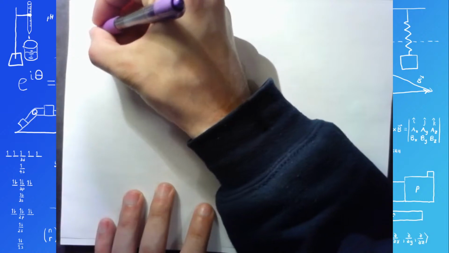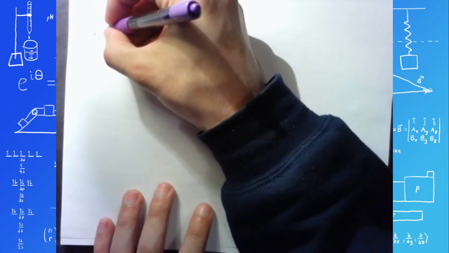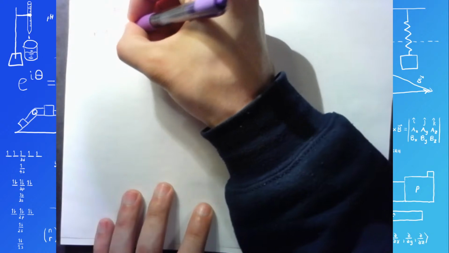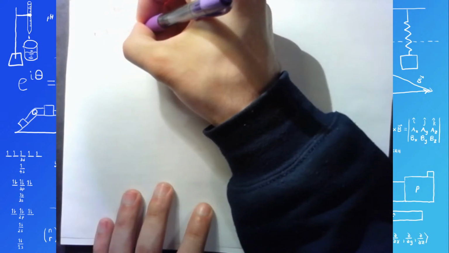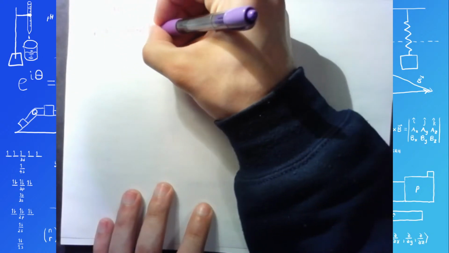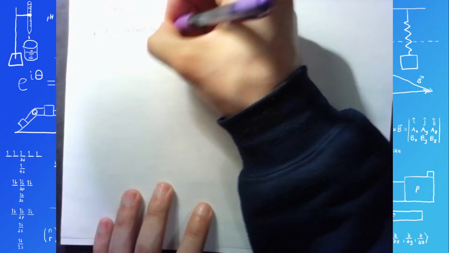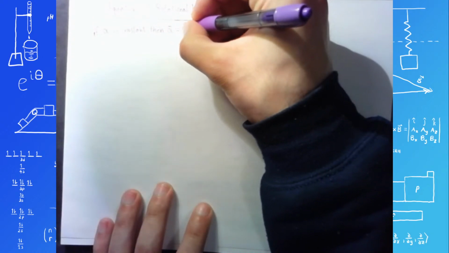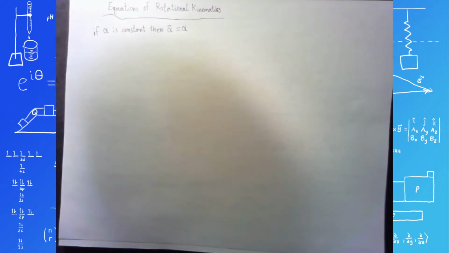If alpha is constant, then alpha average just straight up equals alpha.